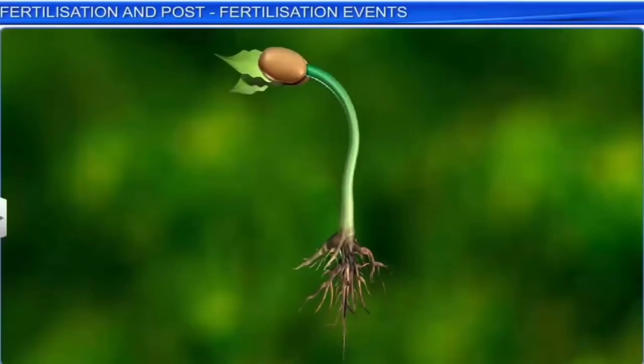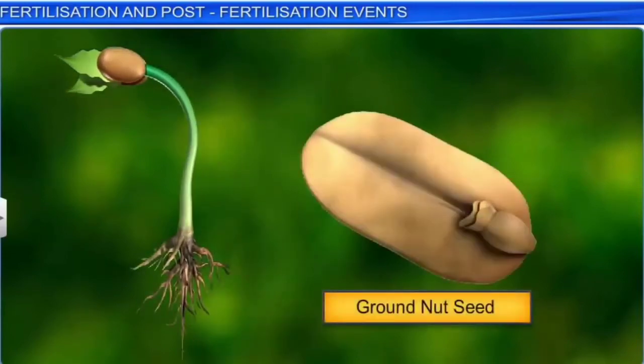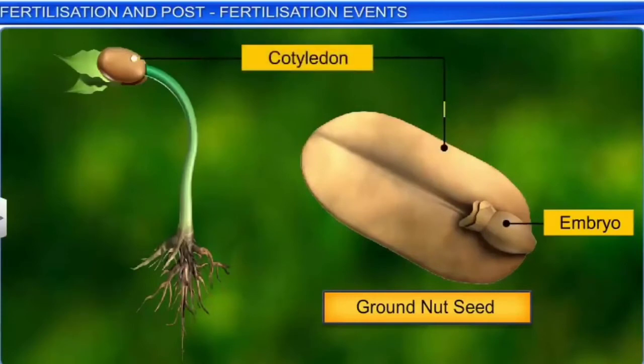In fact, in some plants, such as groundnut that belongs to the bean family, the mature seeds lack endosperm, as it gets completely absorbed by the developing embryo. When these seeds germinate, the cotyledons or seed leaves become the source of nutrition for the embryo.